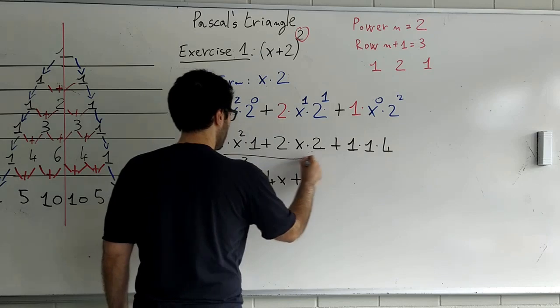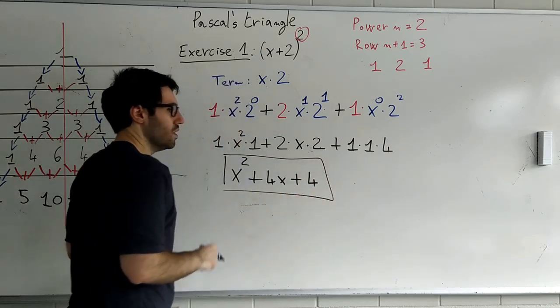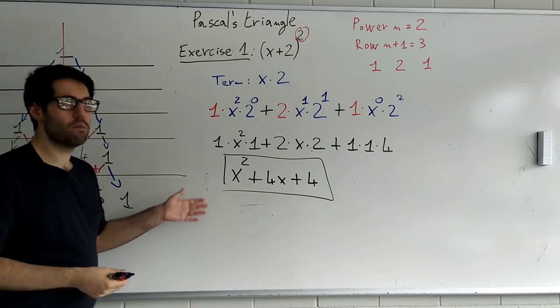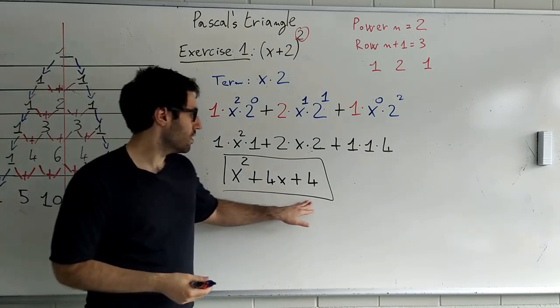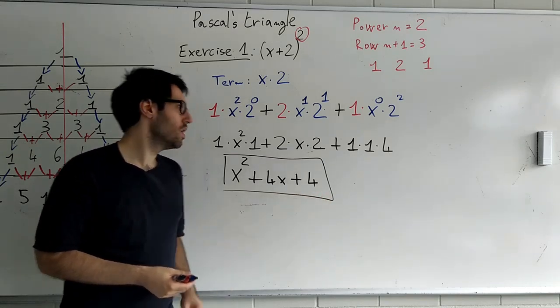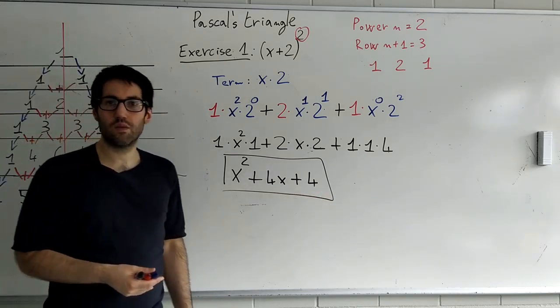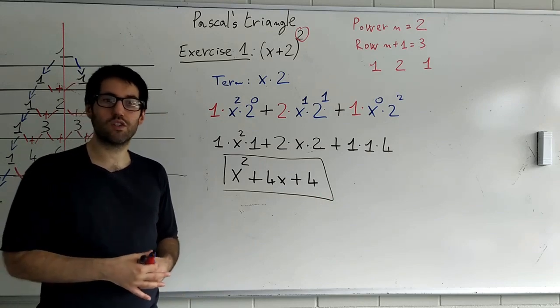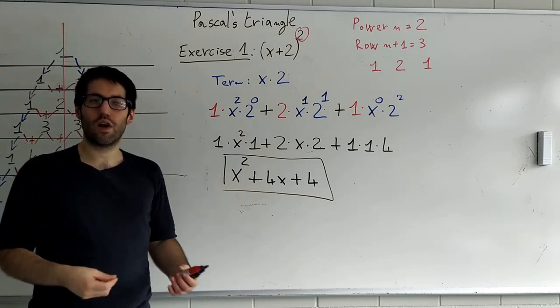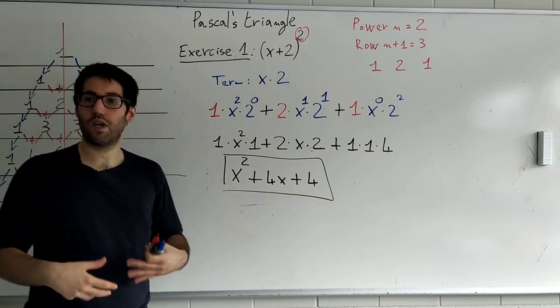And alright, we have the binomial expansion, and as I said, you could have used the binomial theorem, you could have reached this result the same way. But we have used Pascal's triangle instead. It was just a warm-up to see how we can use this triangle to solve this kind of exercise.